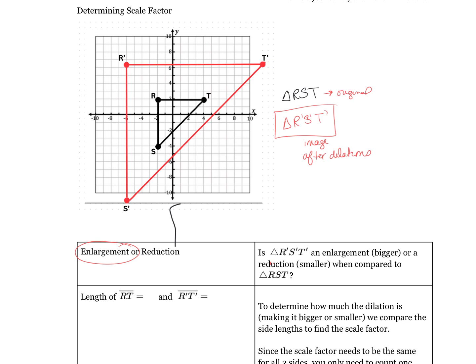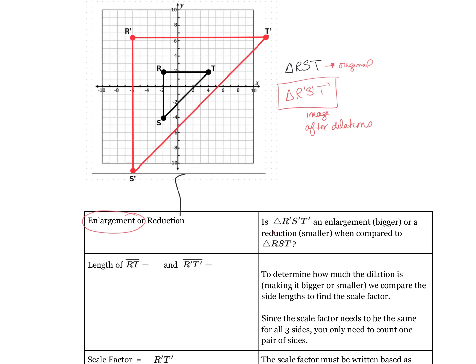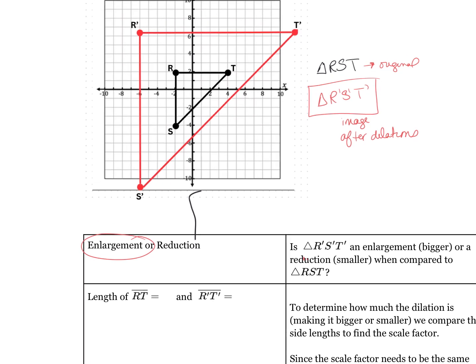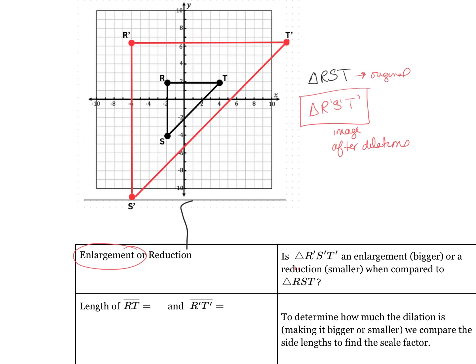Now, to determine the scale factor, or how much the dilation is, or in this case, how much bigger my triangle is, we can compare the side lengths. Let's count the length of RT from my original. This is 1, 2, 3, 4, 5, 6.